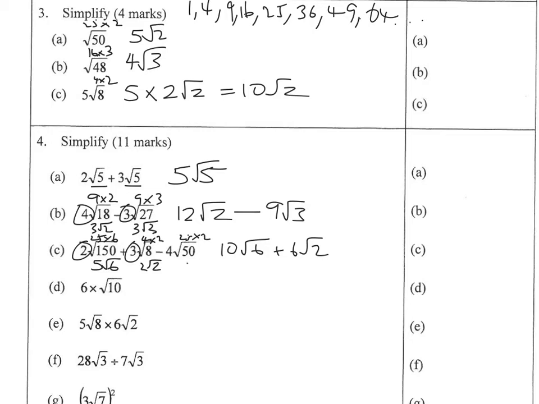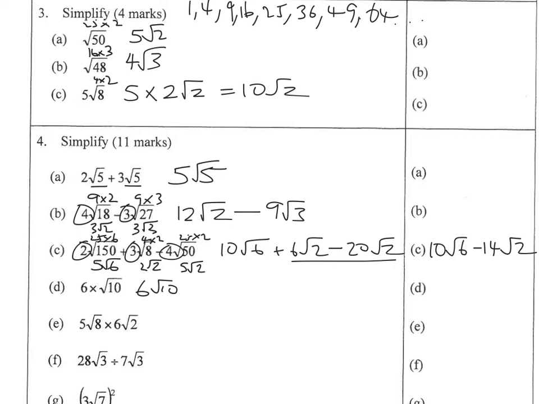Square root of 25 is 5, root 2. Times by 4 will get us 20 root 2. Now we have like terms there, so we'll still have 10 root 6, and plus 6 minus 20 gets us negative 14 root 2. Okay, 6 times root 10 is just simply 6 root 10.